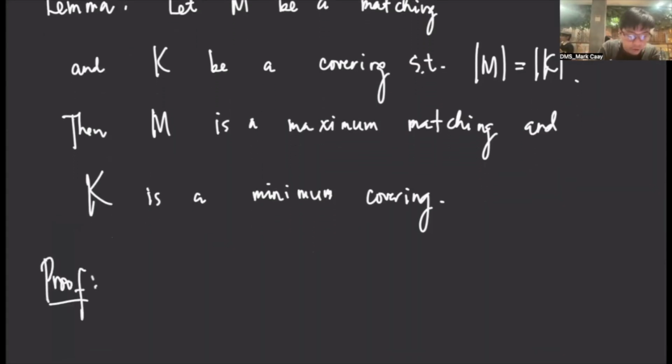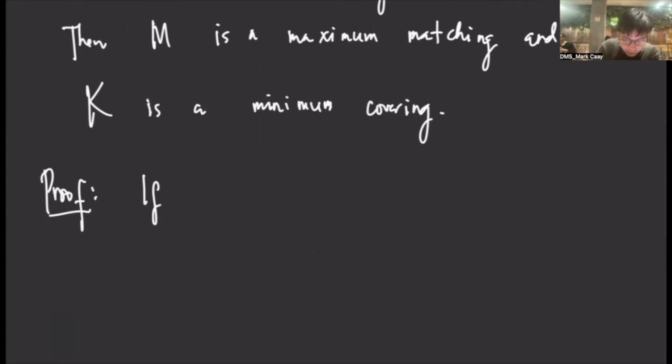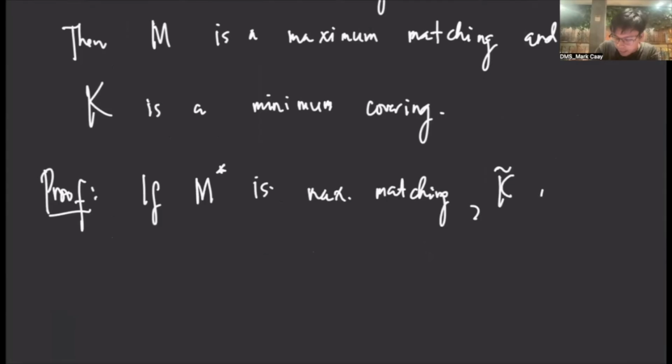Actually, this is very obvious. If M star is a maximum matching and K tilde is the minimum covering, it is A because there are a lot of minimum.